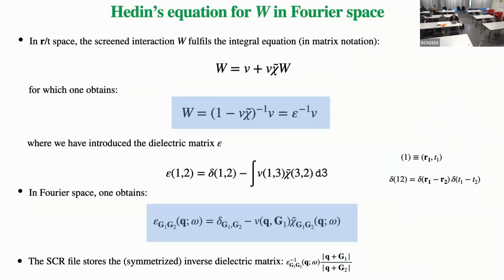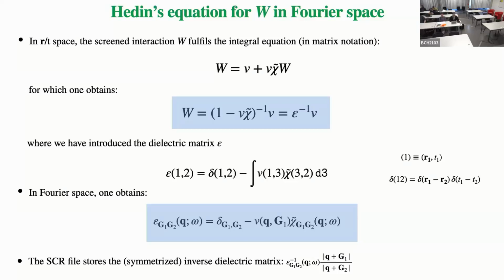These are the equations required to compute the screened interaction from the polarizability. This expression can be equivalently rewritten in terms of the inverse dielectric matrix, given by this expression in matrix notation.